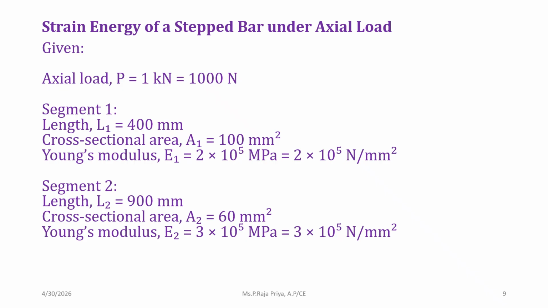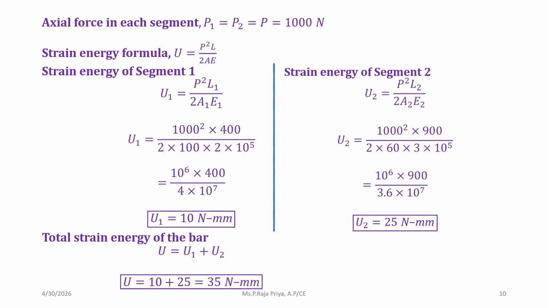All these values are taken from the figure given in the problem itself. Axial force in each segment will be equal to the total force acting, which is given as 1 kilonewton. So it is 1000 Newton.